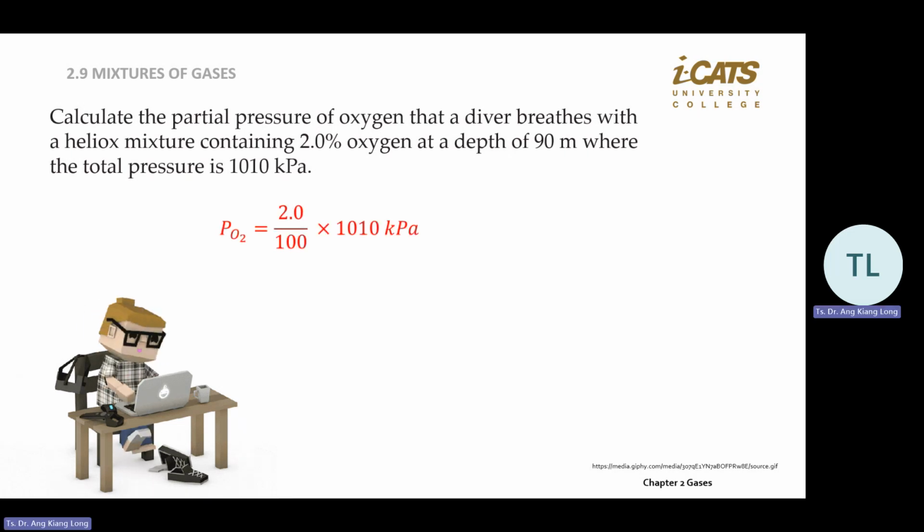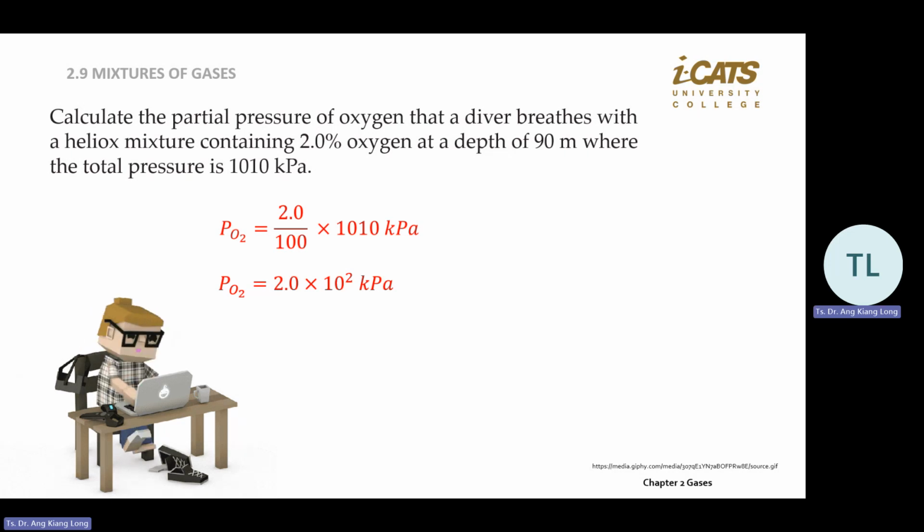So partial pressure of oxygen equals fraction multiplied by total pressure. Remember to change percentage into fraction. This is just a reminder, right? Don't straight away use percent. You need to write in fraction form.